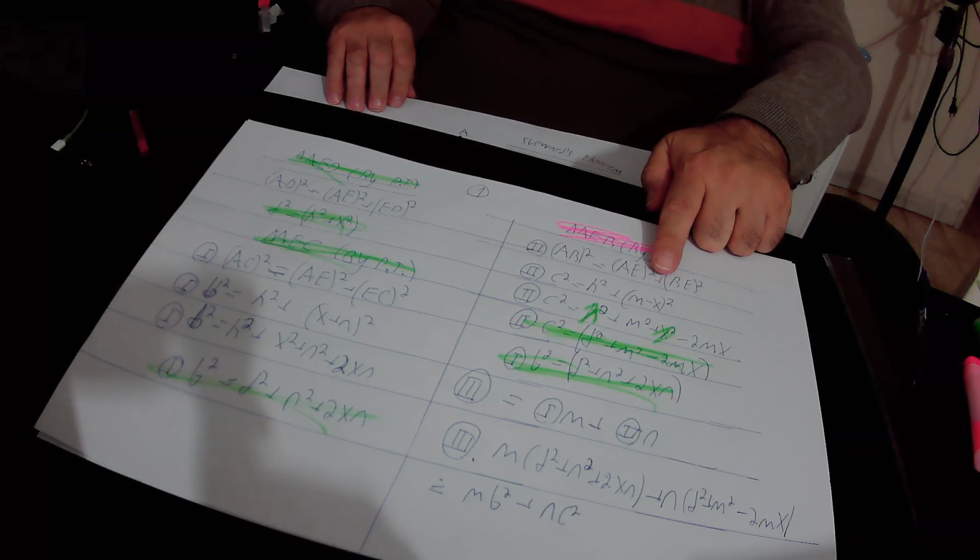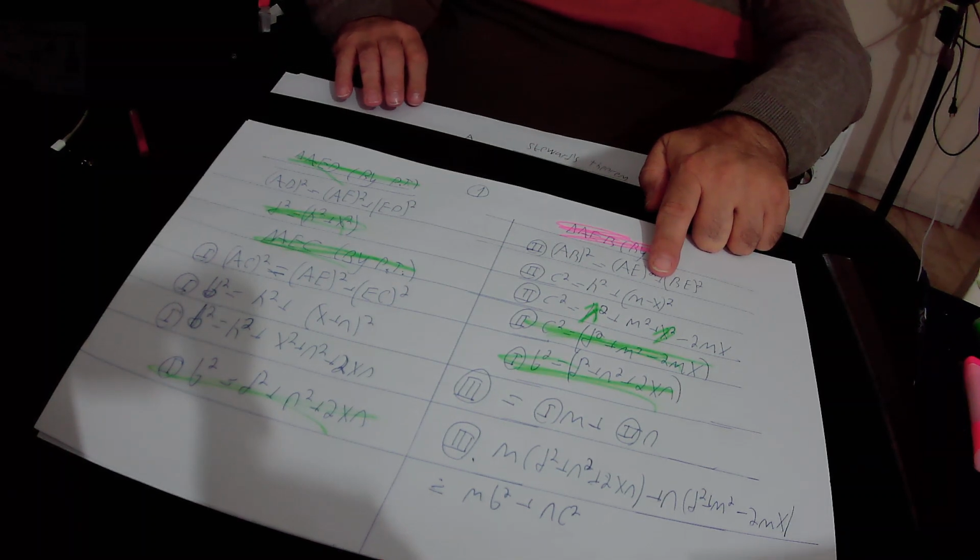We open the brackets on this side of equation number 2. According to the algebraic identity, m minus x square equals m square plus x square minus 2 times mx.